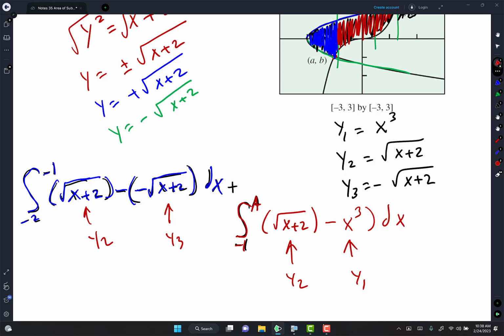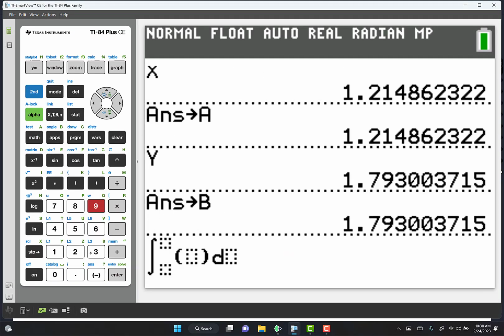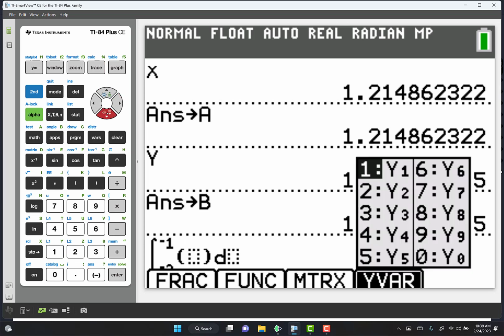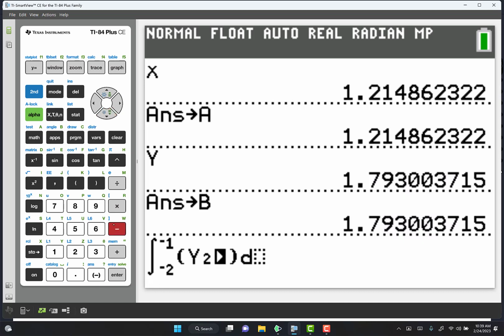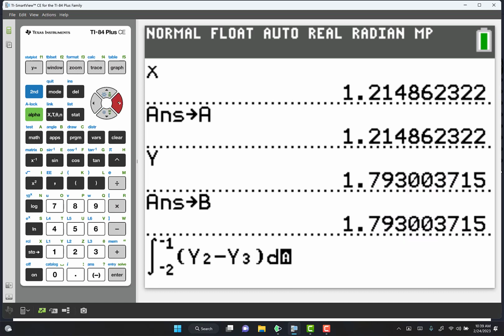Here we go. Math 9 from -2 to -1, right? And then in here was alpha trace y2 minus alpha trace y3. There we go. Get out of there.